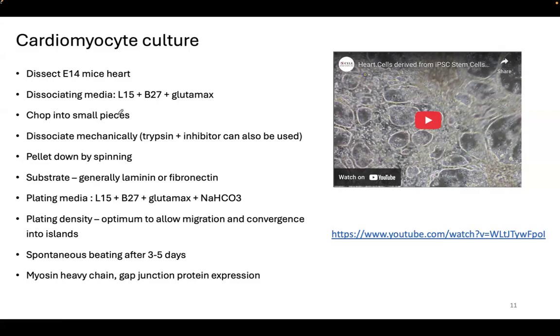When it's being dissociated, when you're chopping it into smaller pieces and dissociating mechanically or enzymatically, it has to be in some medium. There has to be some liquid there. So the L15 medium is used. It's one medium. B27 and glutamax, which were also used for neurons, are also going to support heart cell growth.